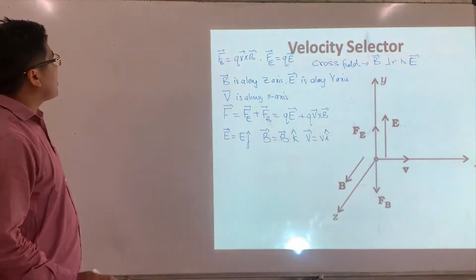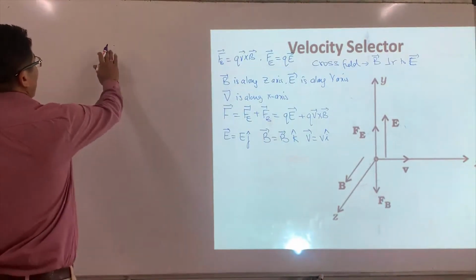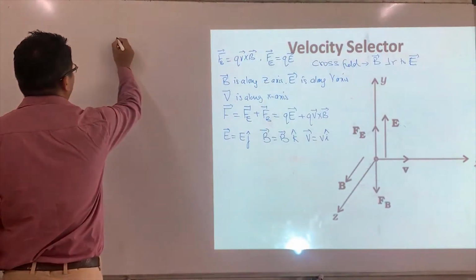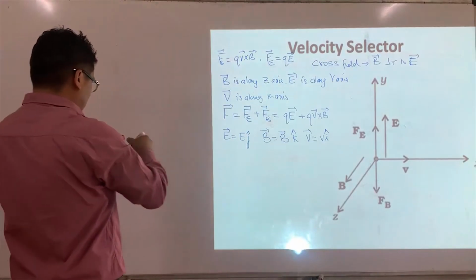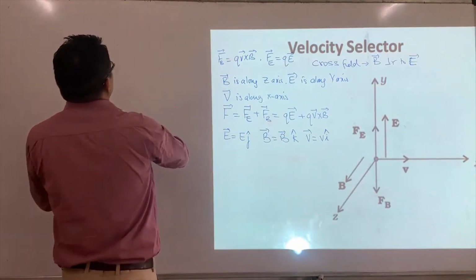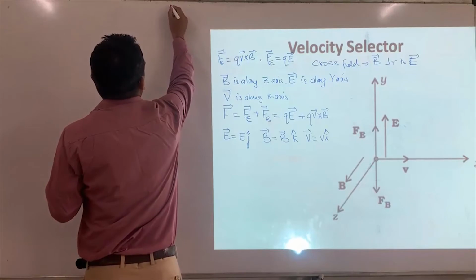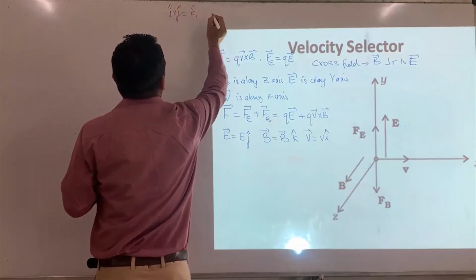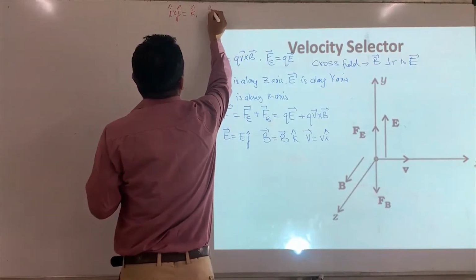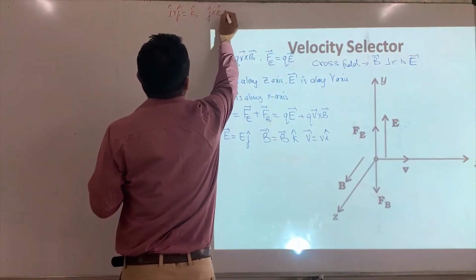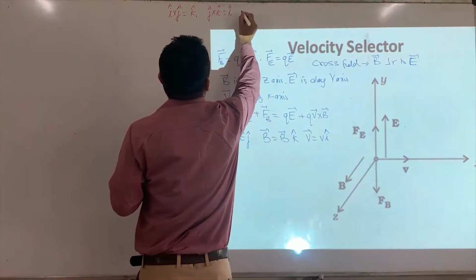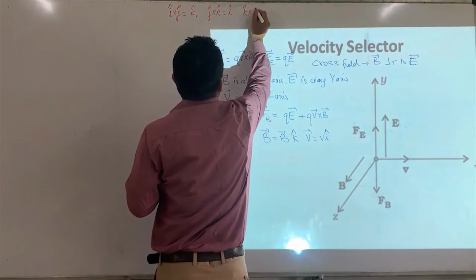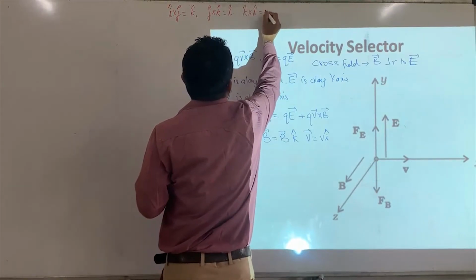Before I go on, whenever we talk about unit vector notation, this is just for your understanding. Maybe you have learned this in class 11. i cross j is k cap, j cross k is i cap, and k cap cross i cap is j cap.